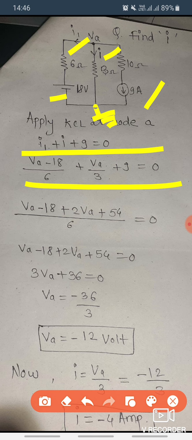Like that I took the value for I1. What is I here? We can use VA by 3. We applied the nodal voltage concept here, and the 9 ampere is given in the question, right? Now we have to solve this.